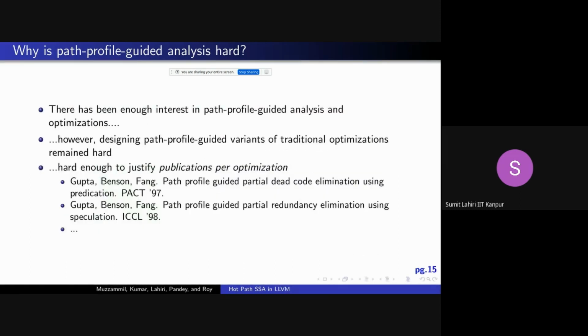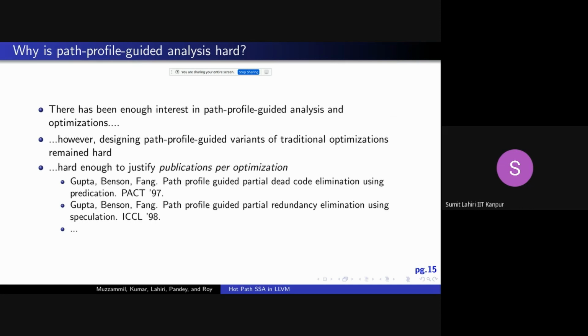We want some way to unify these representations. There has been previous work where profile guided optimizations have been used, and profile information has been used in compiler passes. Here I show two papers.